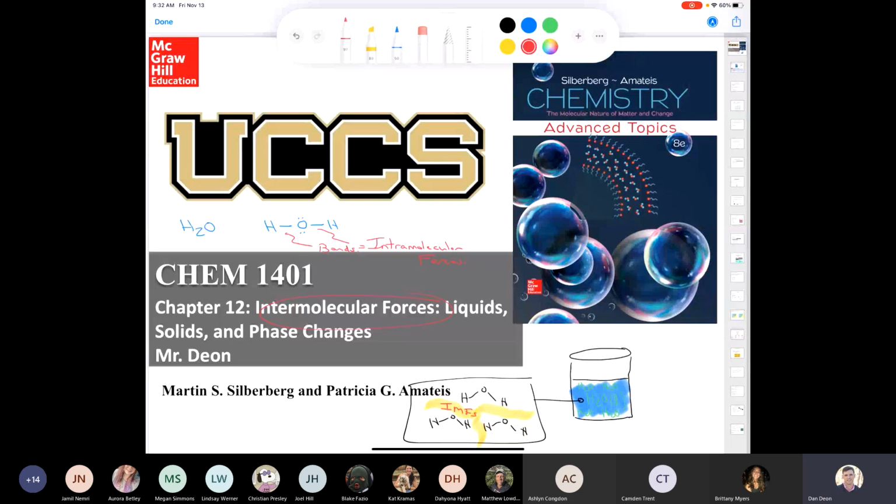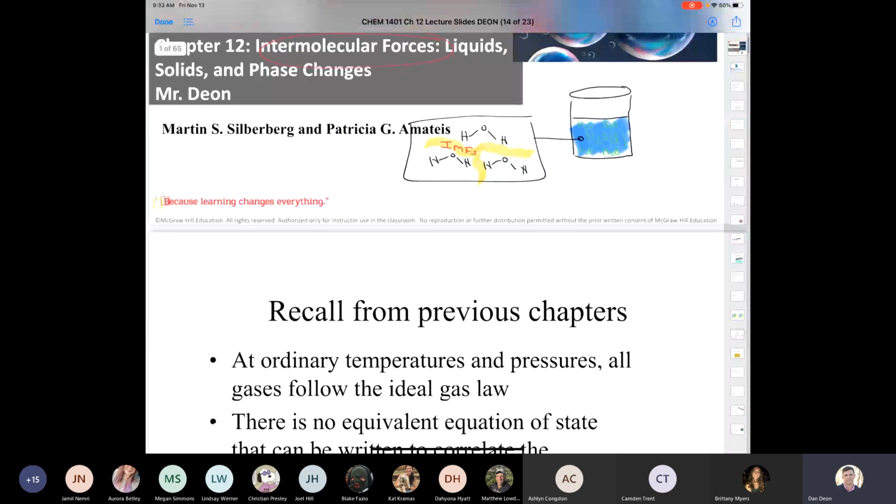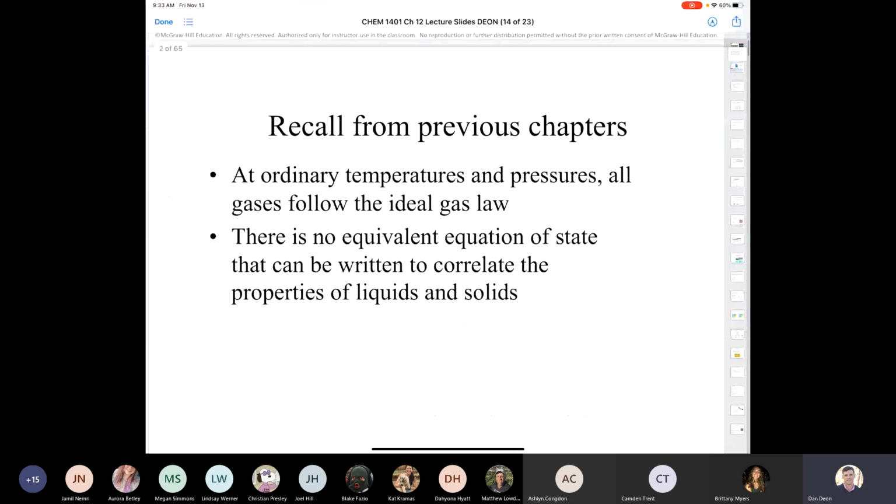So intramolecular forces are the bonds in the molecule, but intermolecular forces are the forces that hold a substance together in the liquid phase or in the solid phase. We're going to look at several examples of this throughout the chapter. What holds molecules together? Now, recall from previous chapters, at ordinary temperatures and pressures, all gases follow the ideal gas law.